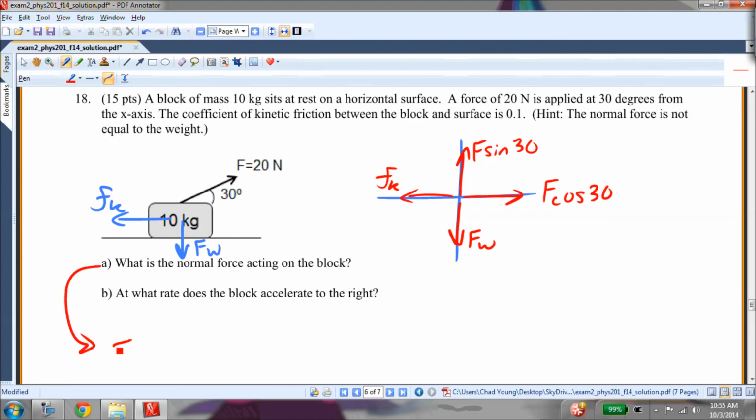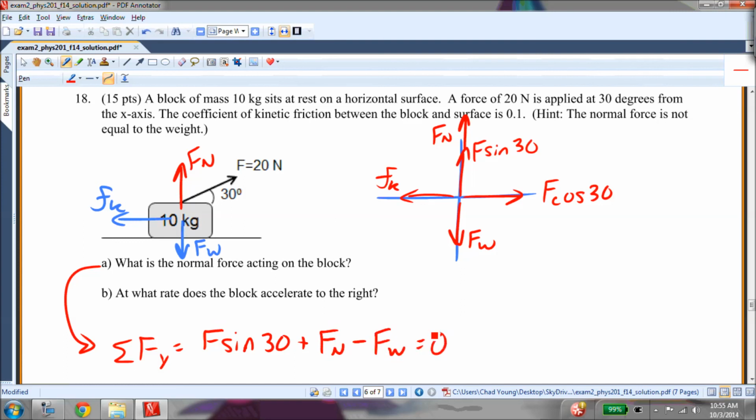To find that, I say the sum of the forces in the y direction. That's F sine of 30. Oh, yeah, I forgot my normal force here. I have a normal force as well. So do the sum of the forces in the y direction, F sine of 30 plus Fn minus Fw equals 0, because it's not accelerating in the y direction.